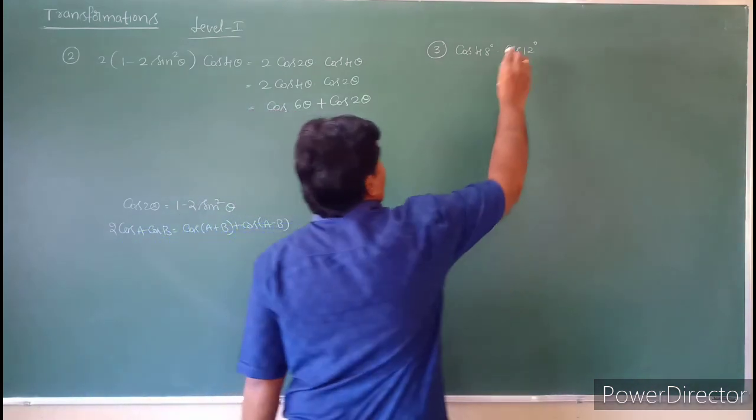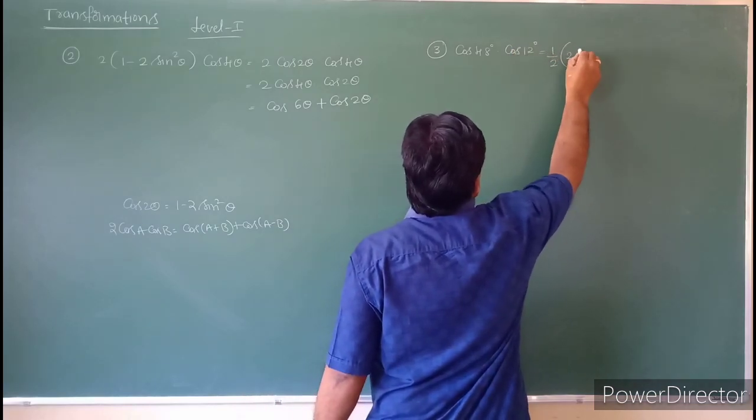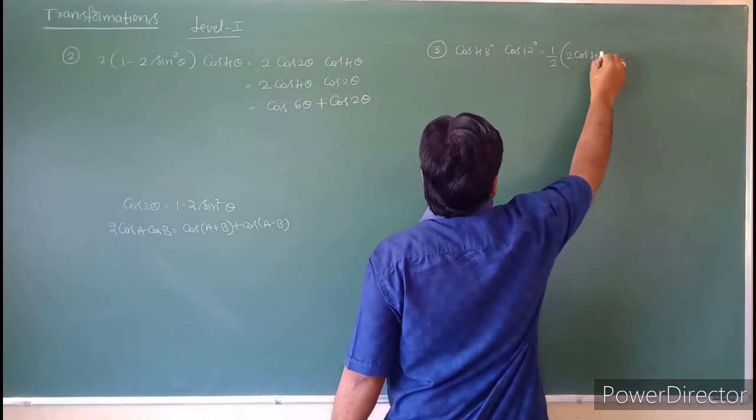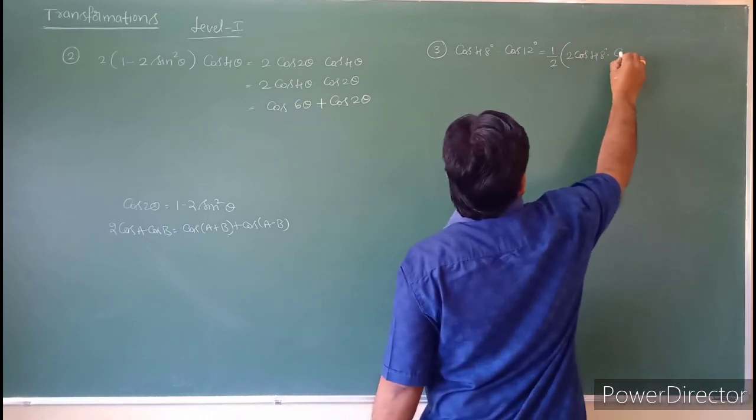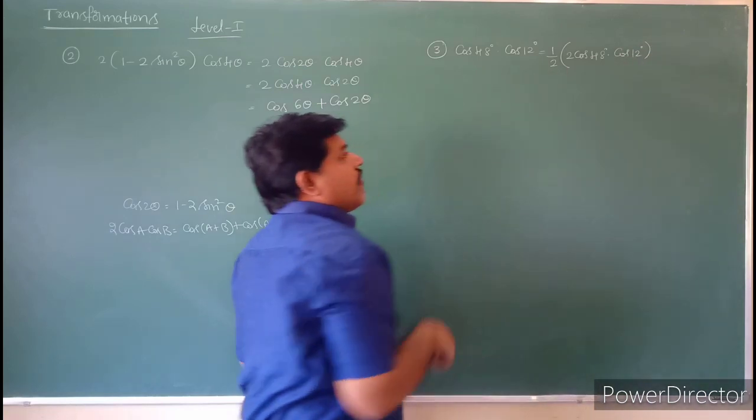So what I will do here is take 1 by 2 into 2 cos 48 degrees into cos 12 degrees. I am already given the formula.